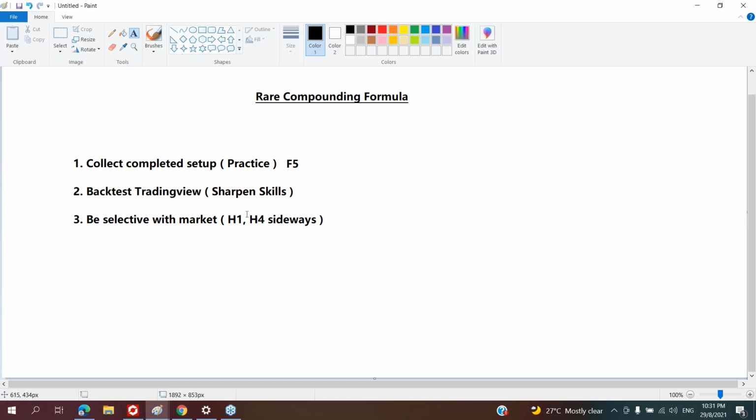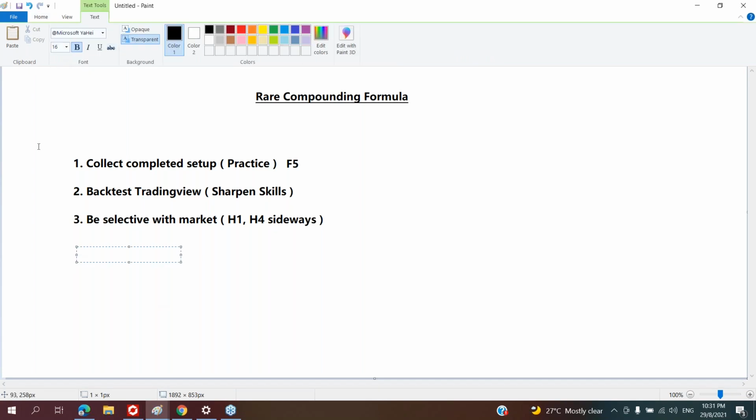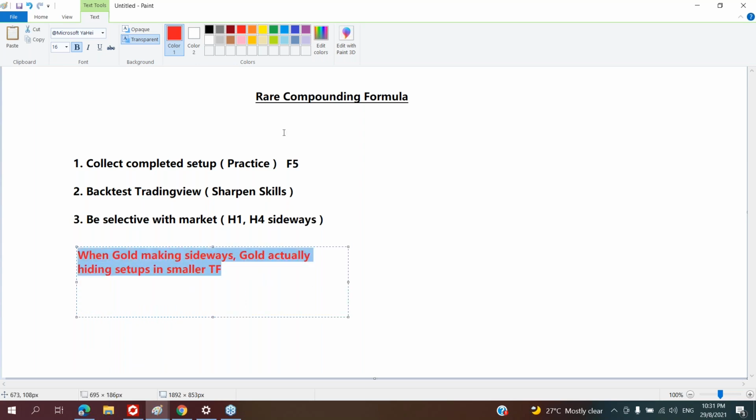this one I meant in gold only. I don't mean other pairs such as AUD, USD, and all that. I mean gold, because when gold is making sideways, gold is actually hiding setups in smaller time frames.